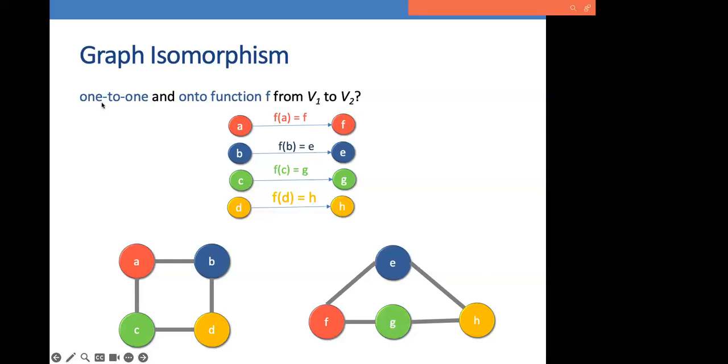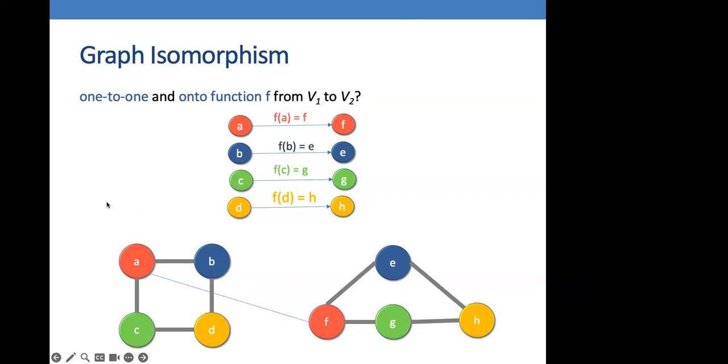So we said here that there is a one-to-one and onto function f from the vertices V1 to the vertices V2, where V1 is all the vertices in graph 1 and V2 is all the vertices in graph 2. Okay, so we have to create a mapping.